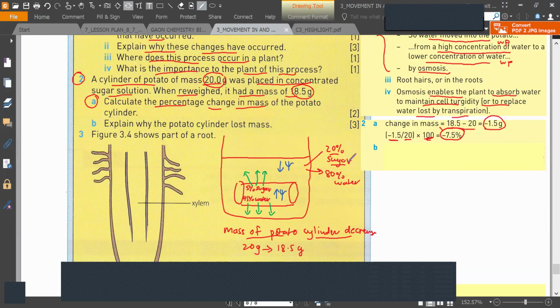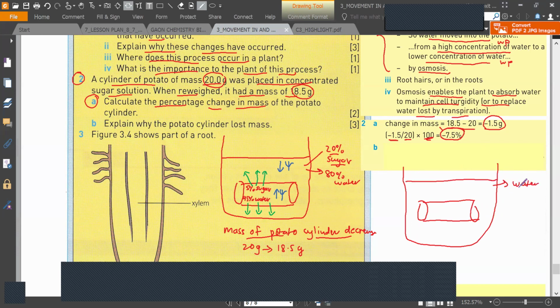So let's consider another situation. Let's say this potato cylinder, same potato cylinder, and then we put in just water. So this is 100% water.